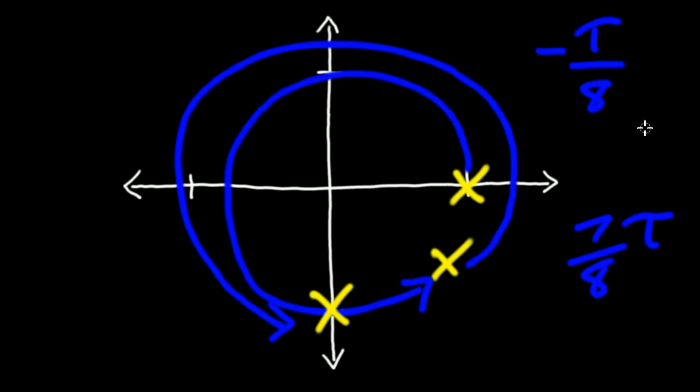And let's look at a different example. Let's look at an example where we have one sample here, and then the next sample here, and then the next sample here, and the next here, and the next here. It's going back and forth between two opposite points. So I would say that it's going a half turn.